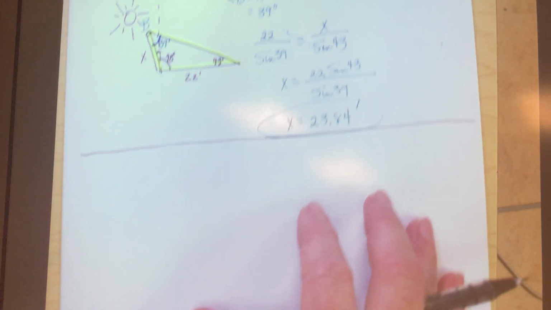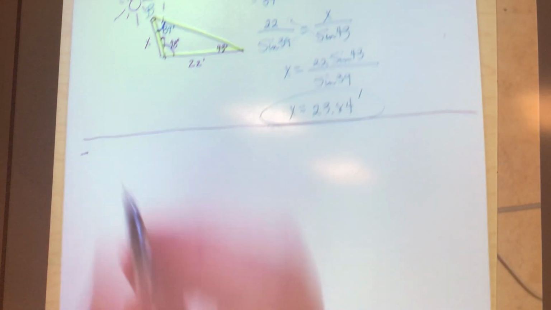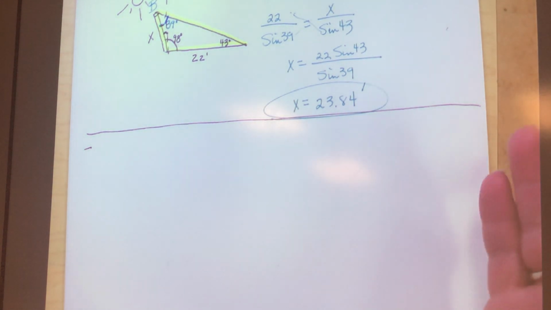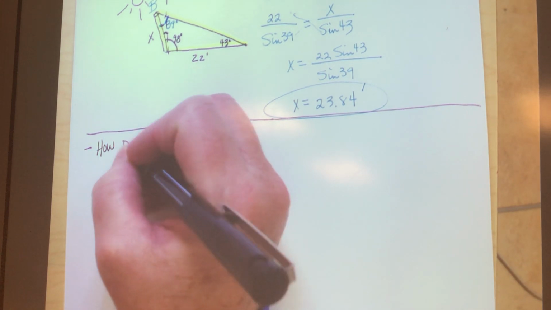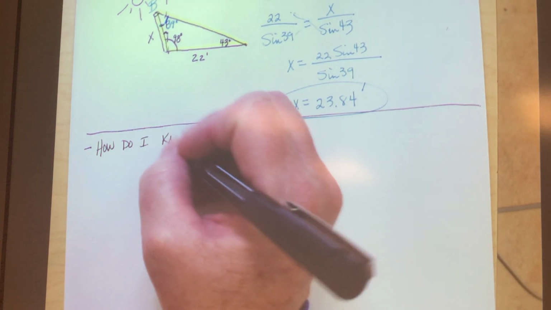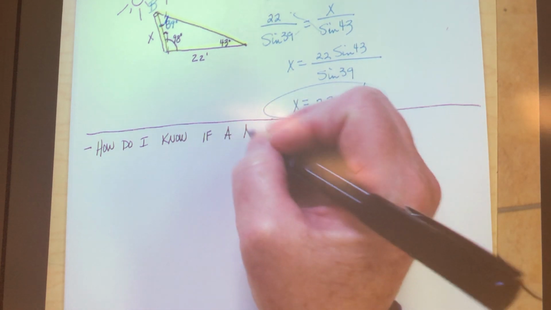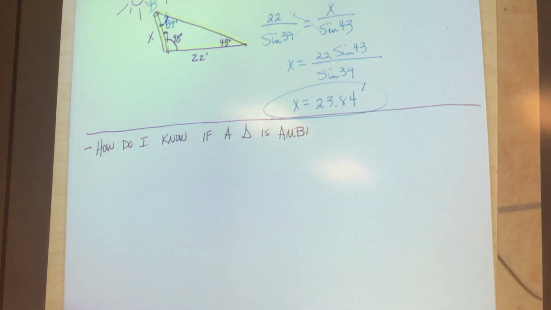So every time from now on when I work a problem, the very first thing I'm gonna ask myself is if it's ambiguous. So the first question is, how do I know if a triangle is ambiguous? Now look, I'm not drawing a triangle, people.